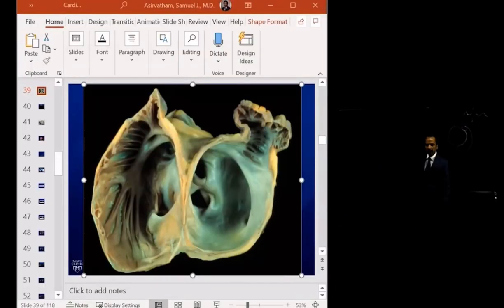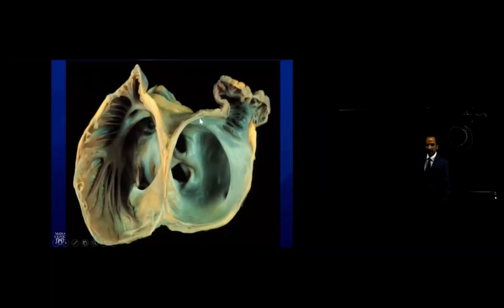Yes, so just going back to this figure, it's really kind of what structures, if you're ablating here, do you need to worry about? So this is the crevice where the aortic valve sits.